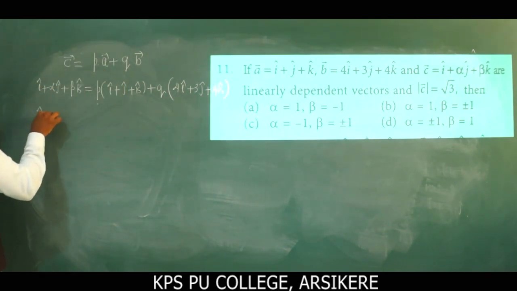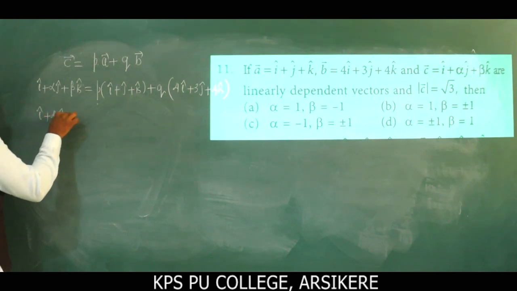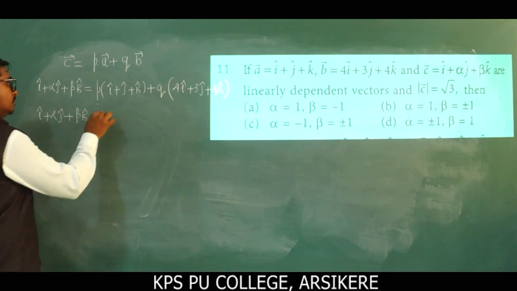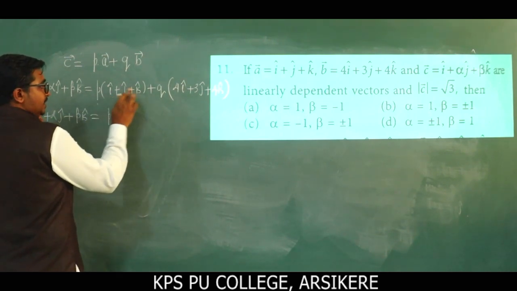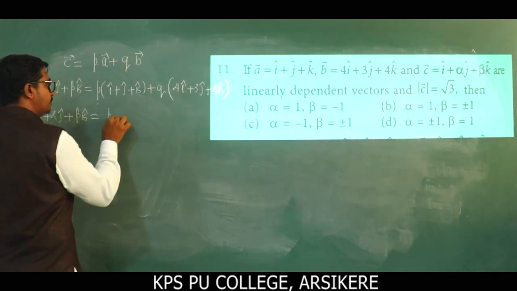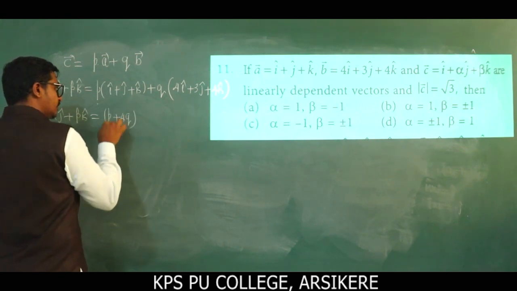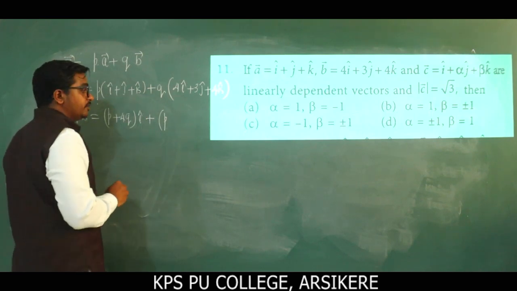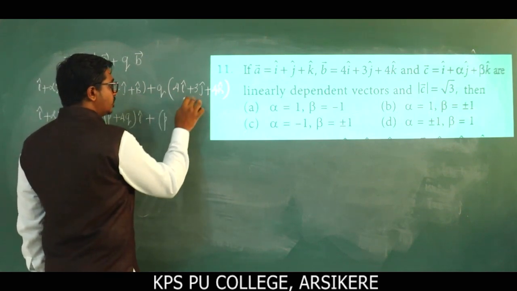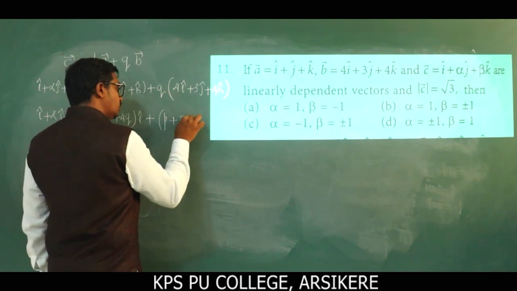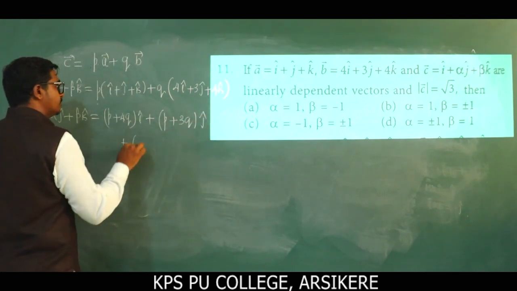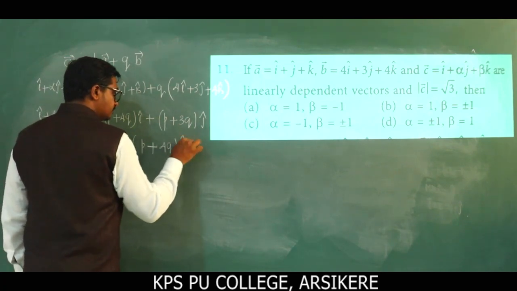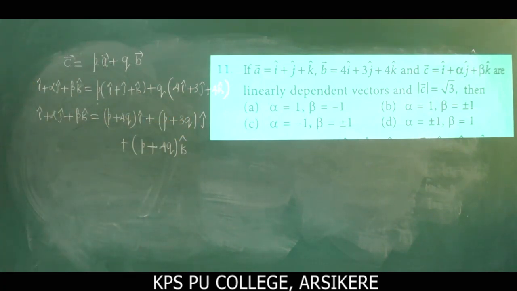Here i cap plus alpha j cap plus beta k cap is equal to: multiply with P, then add the term multiplied with Q, so (P plus 4Q) times i cap, plus for j, P times j plus 3Q times j, that becomes (P plus 3Q) times j cap, and the last term (P plus 4Q) times k cap. This is the simplification.